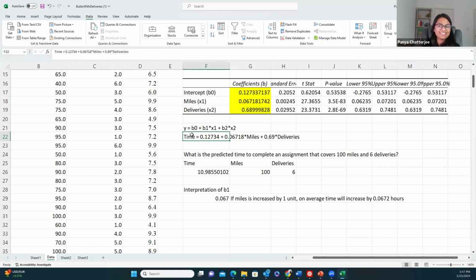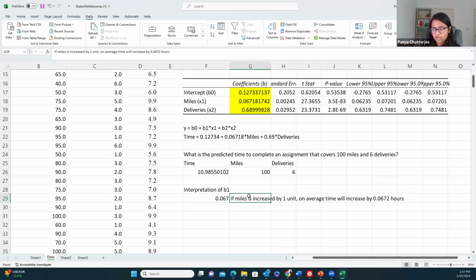Can you repeat what you just said, please? Yes. So what I said is that this interpretation that I wrote is not complete, because it doesn't say anything about what happens to deliveries. Right now, our model has both miles and deliveries, and the interpretation only talks about miles.